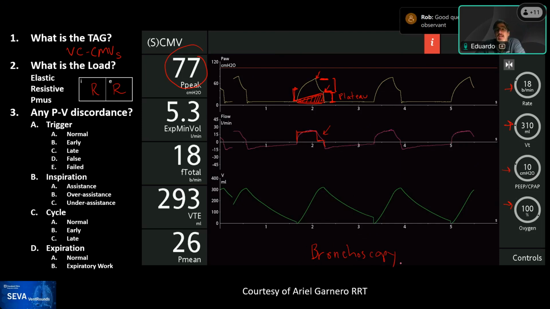And I would just highlight for all of you that you can rapidly recognize that the peak pressure is 77, but the plateau pressure is all the way down here. And so we don't know how much it is because it was not measured, but we can certainly see that it's all the way down. Rob? Yeah, good question. This is an unusual case. So then the bronchoscopy is finished, all right?